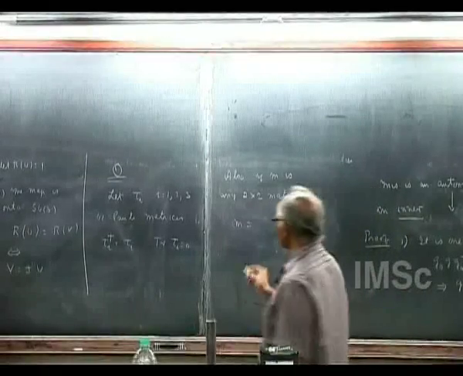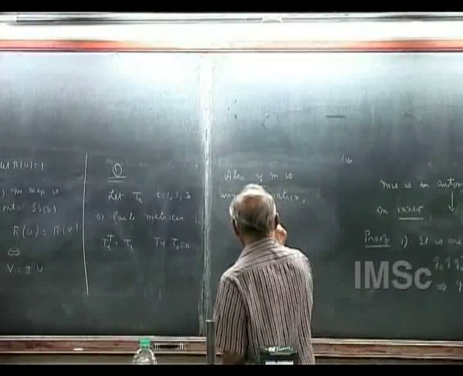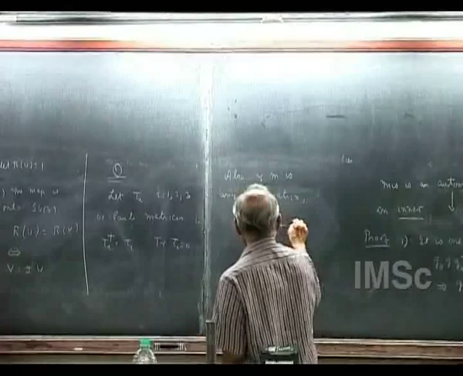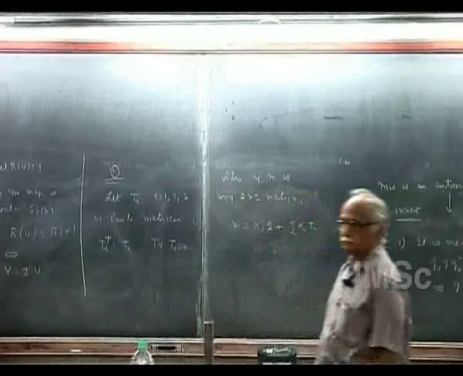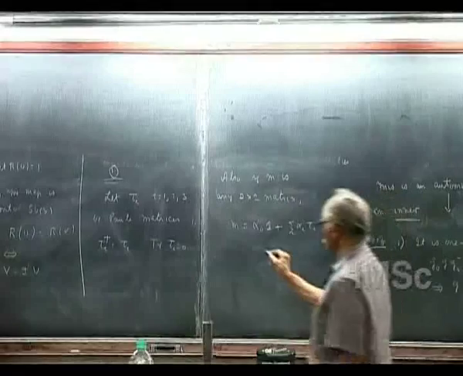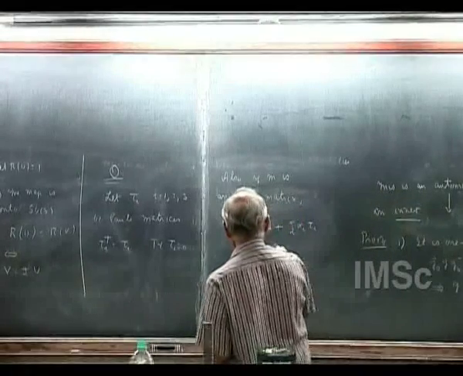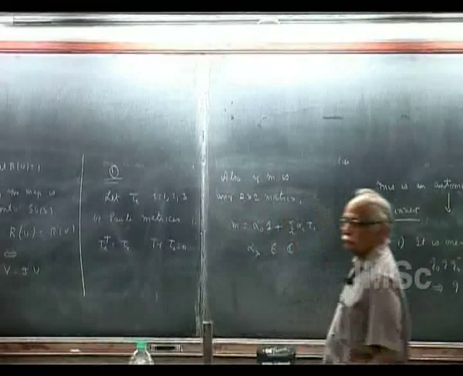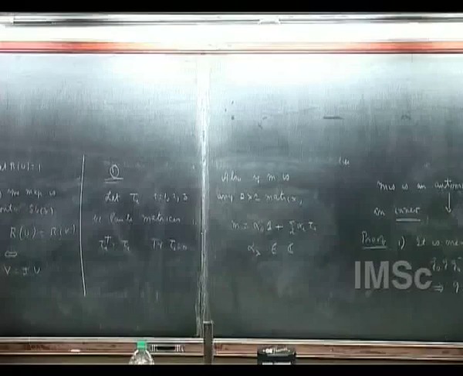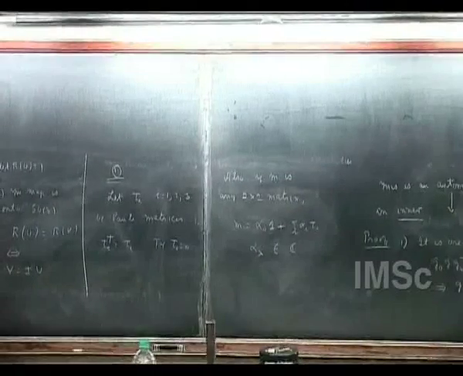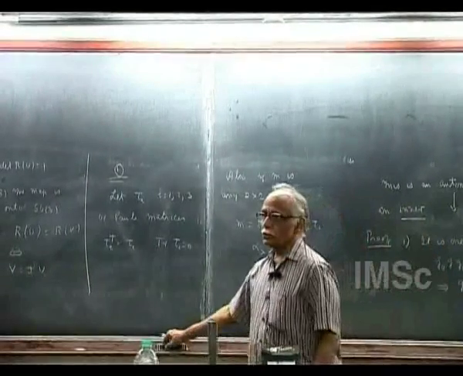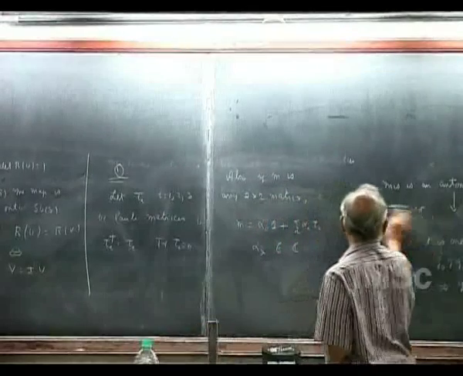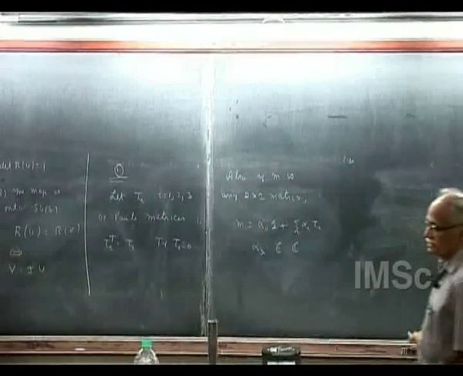So I can write this M as alpha 0 times the unit matrix plus summation over i of alpha i tau i, where alpha mu or alpha lambda are some complex numbers. This is simply the statement that the space of 2 by 2 complex matrices forms a 4-dimensional complex vector space.